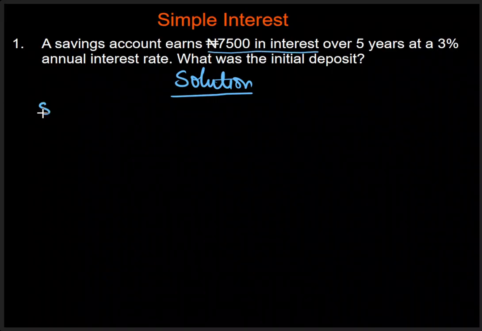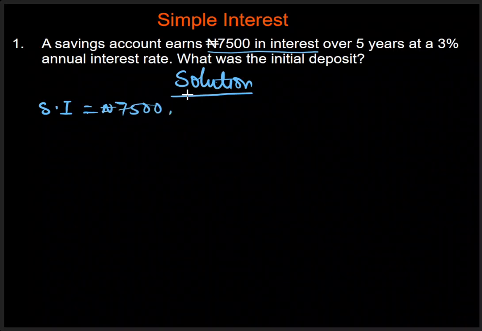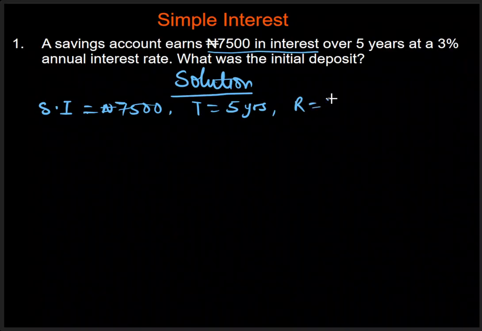That means our simple interest is equal to 7,500 naira, and then time is equal to 5 years, and then we have a rate equal to 3%.